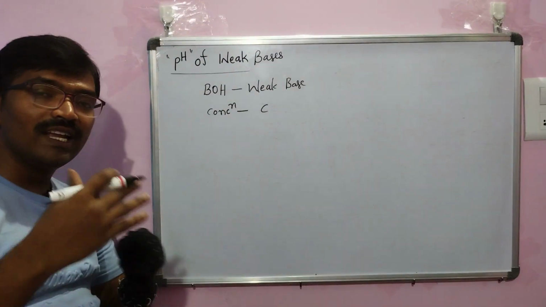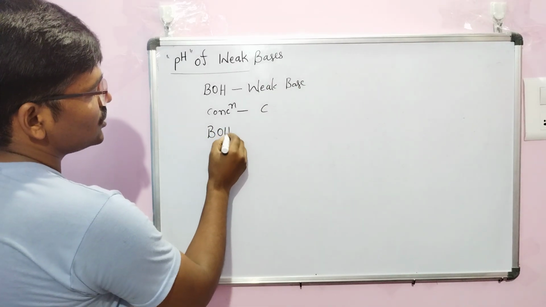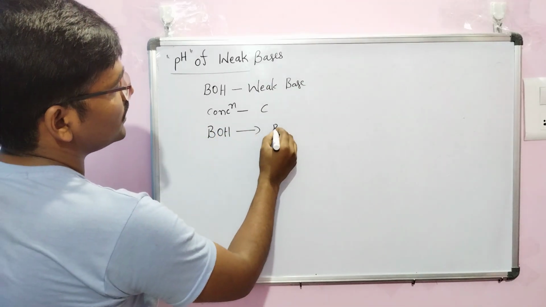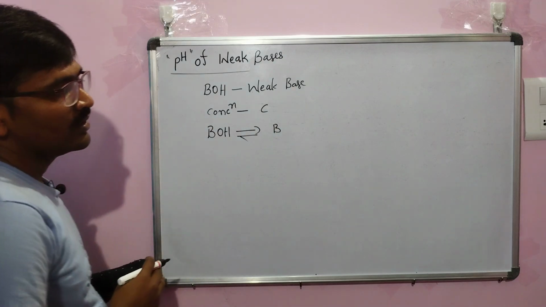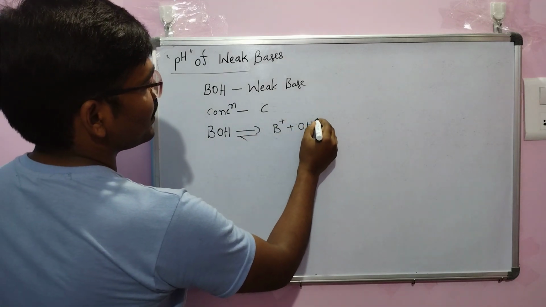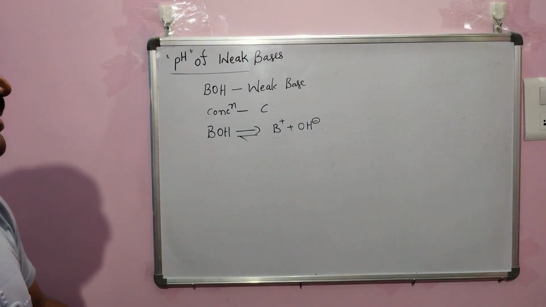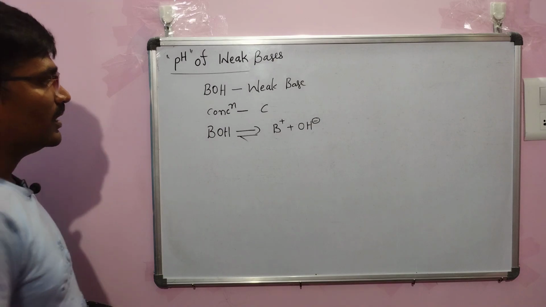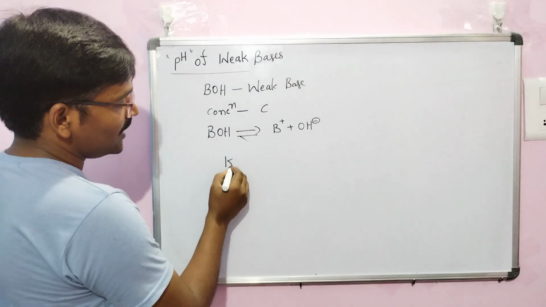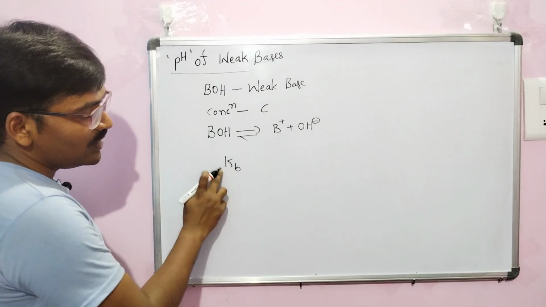In case you take the dissociation of BOH, when it is dissociated, it gives B plus plus OH minus. For this, if you write Kb, what is the Kb?